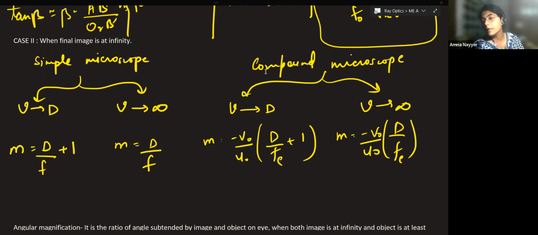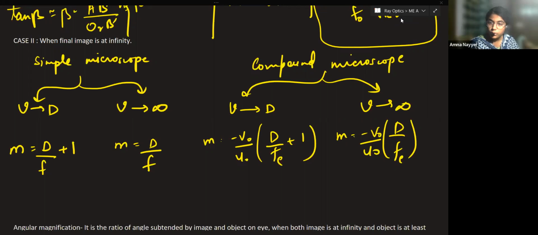So if your image is formed at least distance of distinct vision, the magnification for simple microscope is D by f plus 1. For infinity, remove this one, only D by f. Coming to compound microscope, you again have both the cases, when your image is formed at least distance of distinct vision and when your image is formed at infinity.